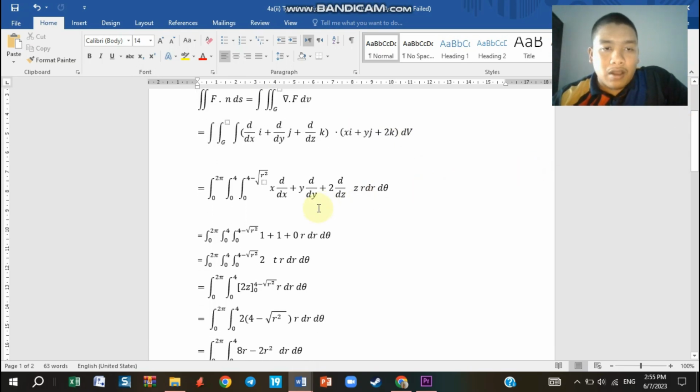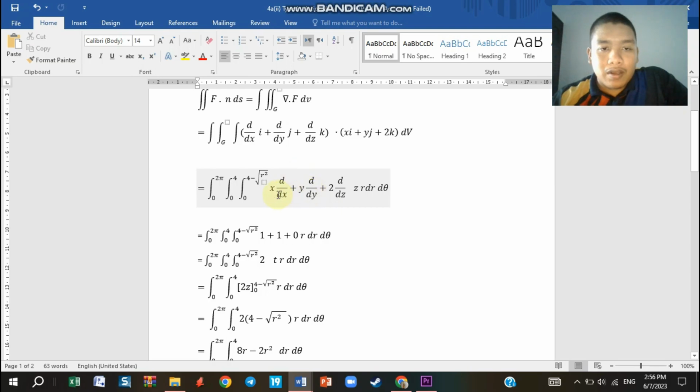For each limit, for theta we put 0 until 2 pi. For r we put 0 until 4, and for z we put 0 until 4 minus r to the power of 2.